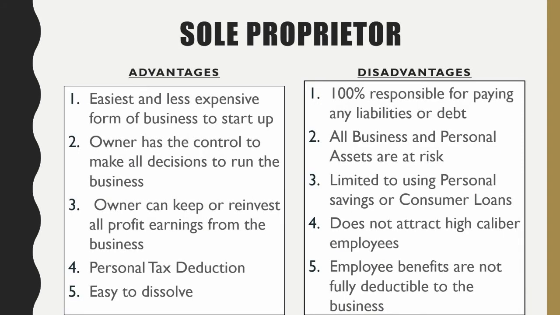So here we're going to talk about the advantages as well as disadvantages of being a sole proprietor. So number 1 is the easiest and the least expensive form of business to start.